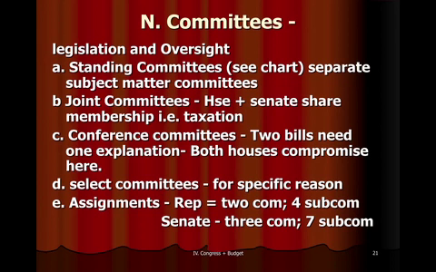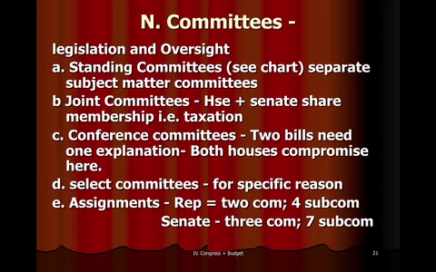First of all, we have standing committees, and there's a chart in your textbook that you could take a look at. These are defined and determined by topic. There's Budget Committee, Finance Committee, Judiciary, Ways and Means, different things like that. And all those committees are different. If you're a member of a standing committee, it's only your house. So senators are in their own standing committees, and House members are in their own.